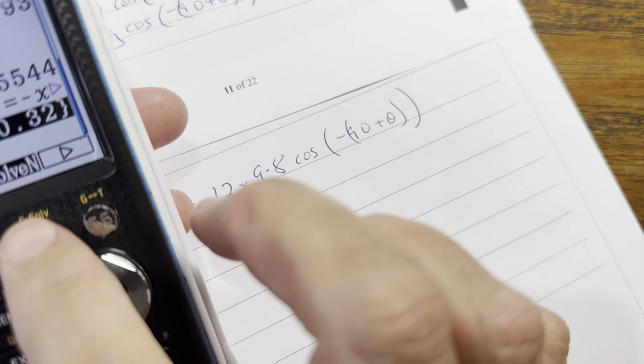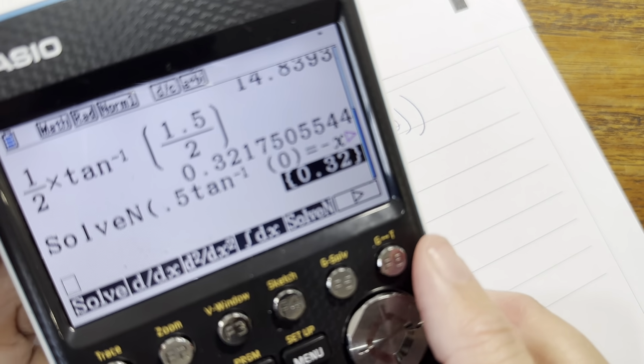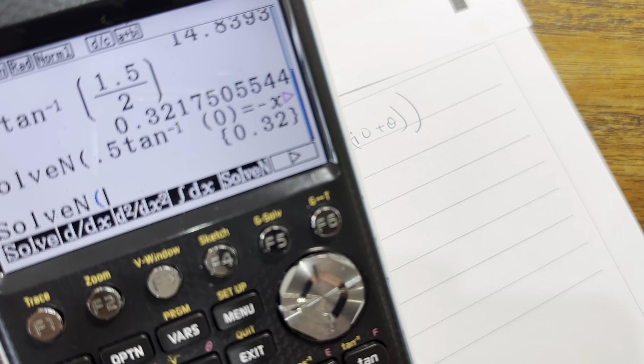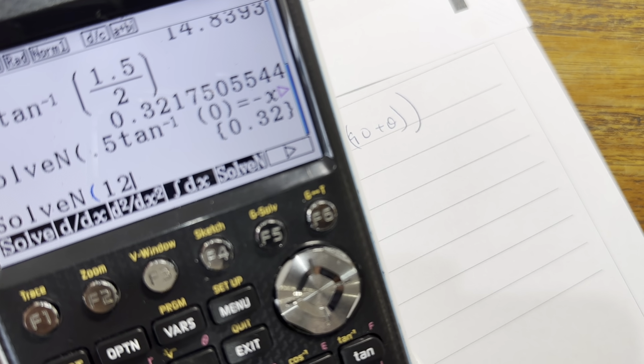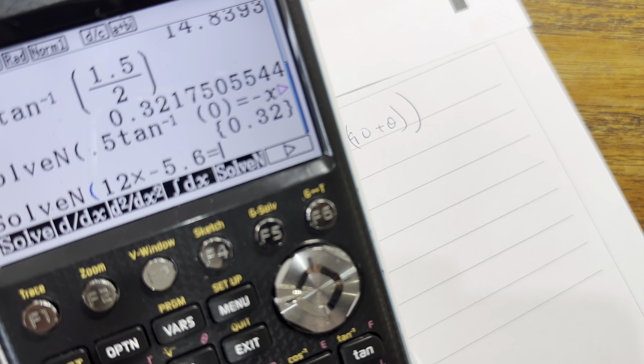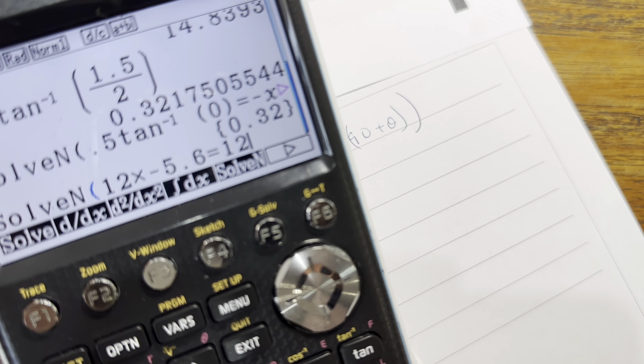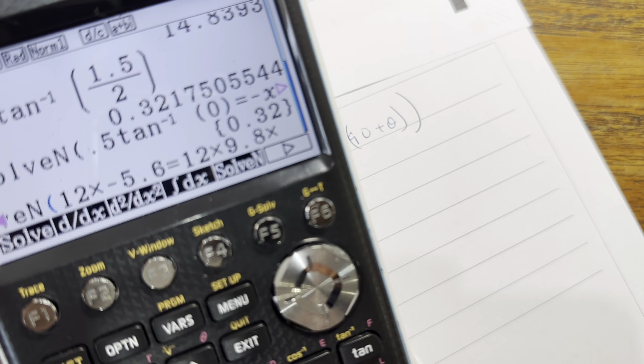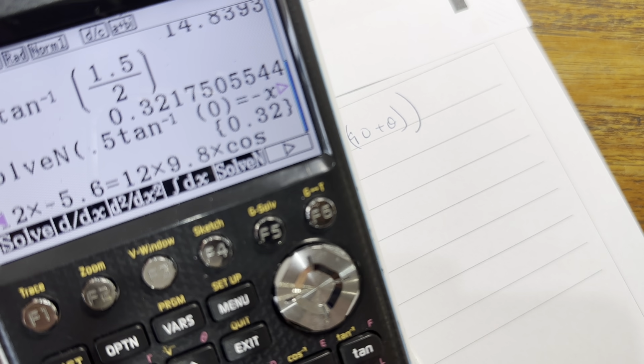Now, when you go in here to solve n, I'm going to have 12 times negative 5.6 equals. Of course, we could have cancelled the 12s from both sides, I'm sure you can see how to do it, but I am just leaving it all in.